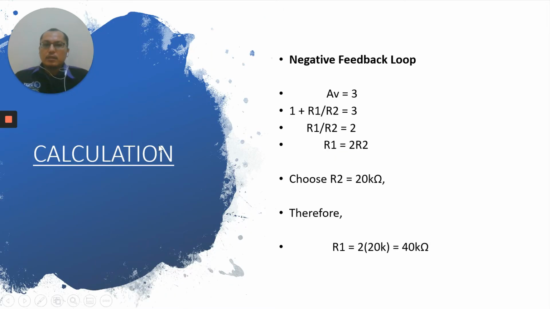This is the calculation for the negative feedback loop. We use 1 plus R1 over R2 equal to 3. This formula is used to find R1 and R2 in the negative feedback loop. Then we choose R2 equal to 20 kilo ohm, and we substitute the value into the formula, and we get R1 40 kilo ohm.